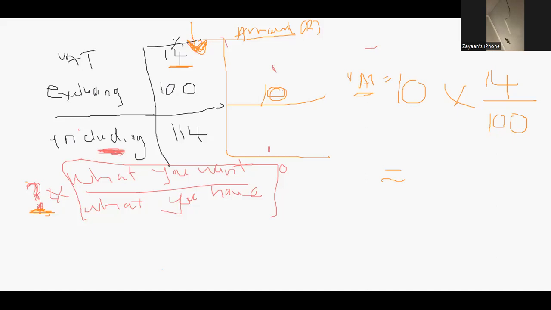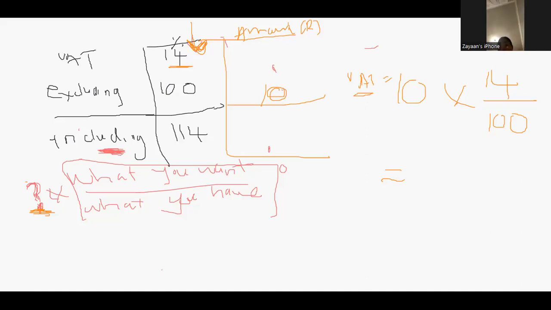Take 10 times that number. So it's 10 times 14 over 100. So it must be 10 rand times 14 divided by 100.